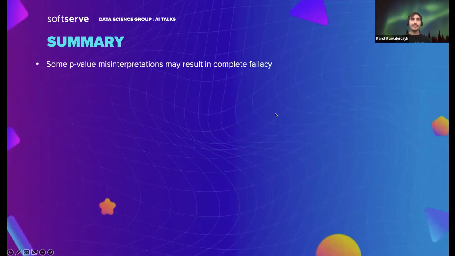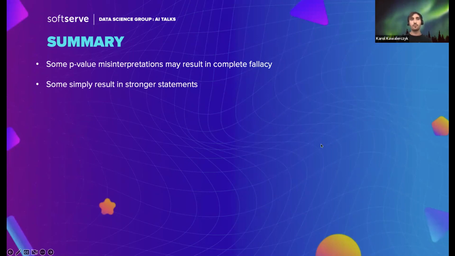As a summary, I want to say some words regarding that. Some p-value misinterpretations may result in a complete fallacy. The misinterpretations may cause you to completely misunderstand the research, but that doesn't affect all research.